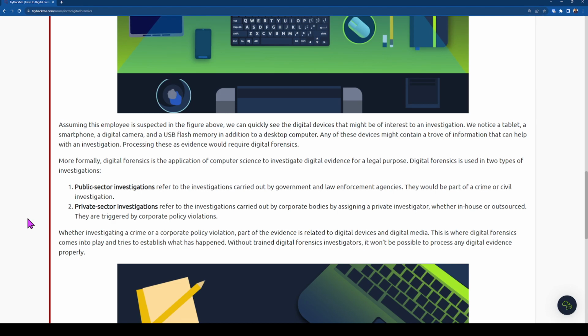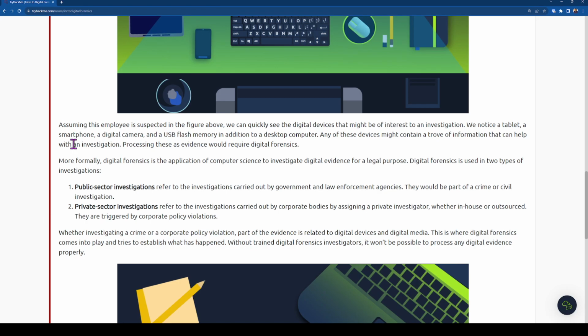They will be part of a crime or civil investigation. And private sector investigations refer to the investigations carried out by corporate bodies by assuming a private investigator, whether in-house or outsourced. They are triggered by corporate policy violations.